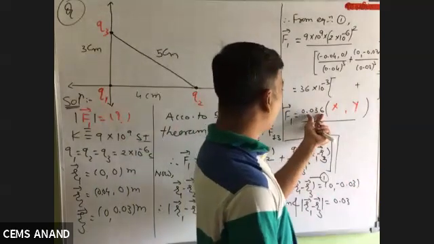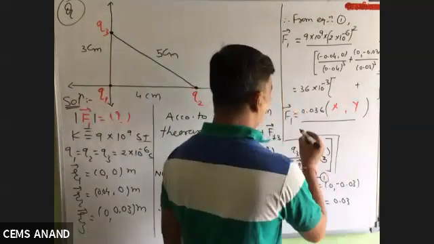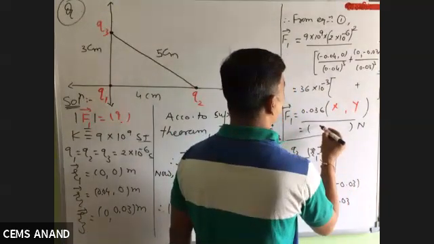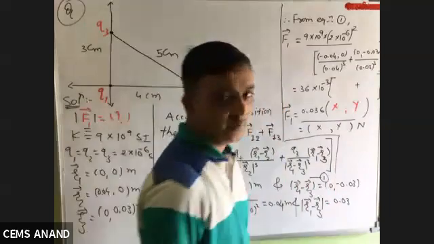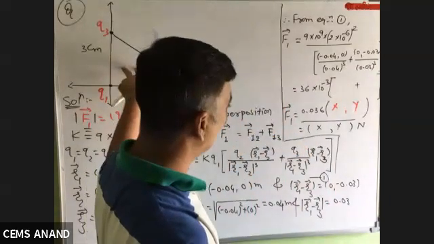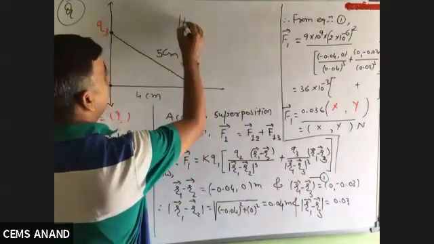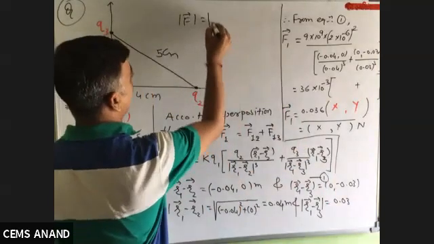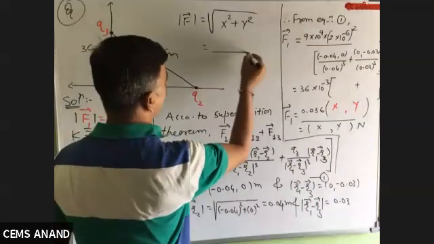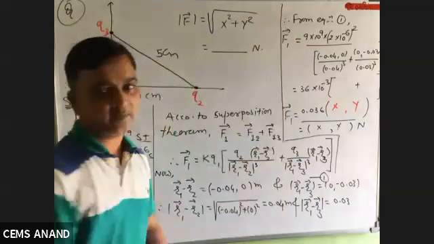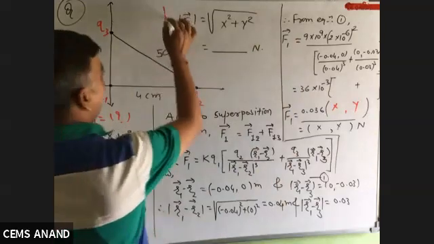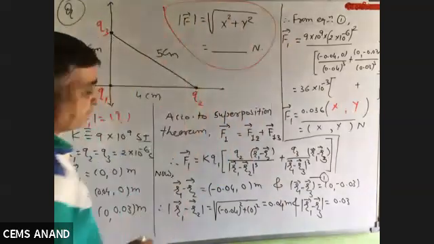And then multiply this quantity, which will give you your answer in this form only. What are we asked for? We are asked for its magnitude. So your final step will be modulus of F equals square root of x square plus y square. This step will give you the final answer.